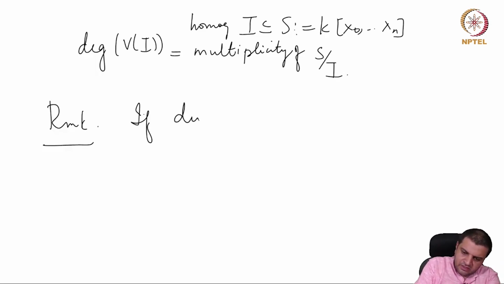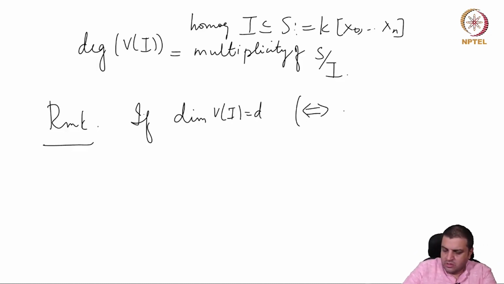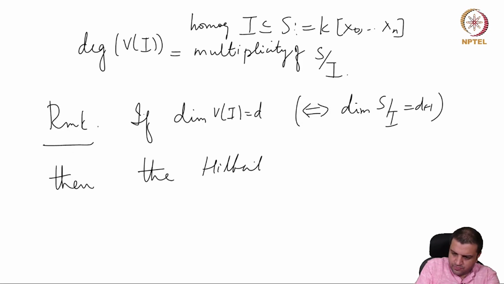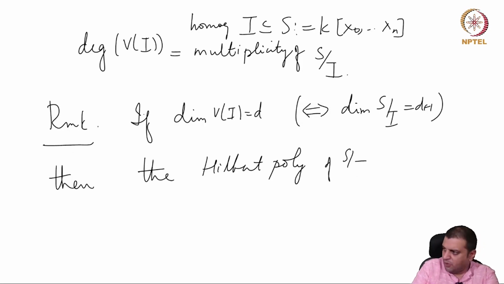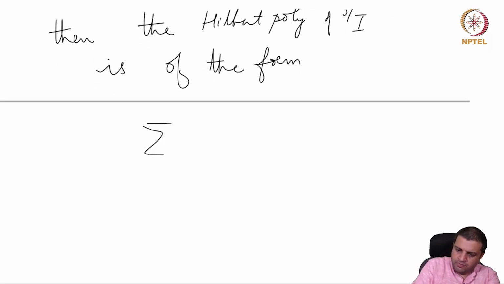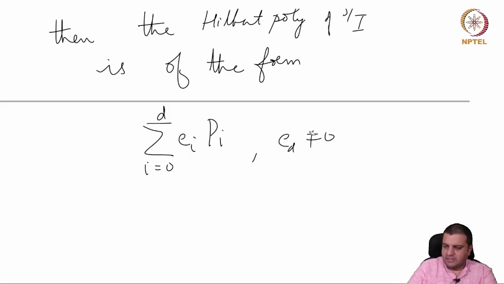If the dimension of V of I is D, or equivalently the dimension of S mod I is D plus 1, then the Hilbert polynomial of S mod I is of the form the sum of e_i times P_i, i goes from 0 to D. D is 1 less than the dimension of the ring, and with e_D not 0. e_D is actually positive.